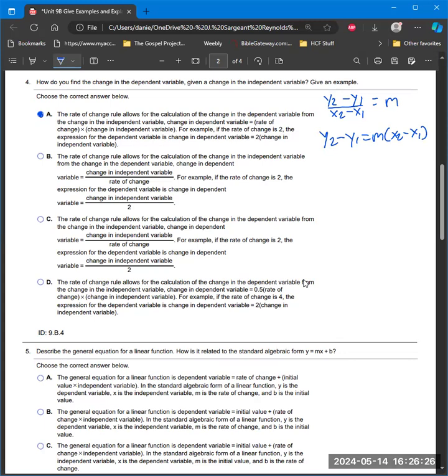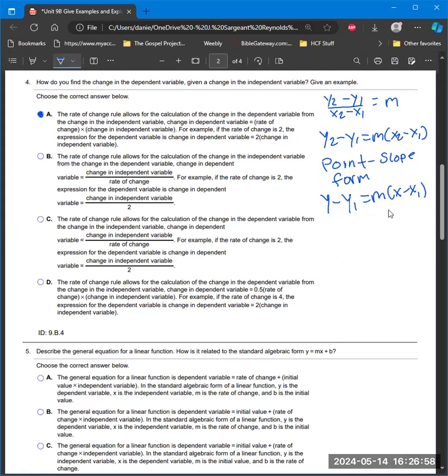And this equation here is called the point slope form of my line. If I only have one point here, y minus y1 equals m times x minus x1. I think that's the point in trying to get you to multiply by the denominator there, is to get you used to seeing this form of the line.